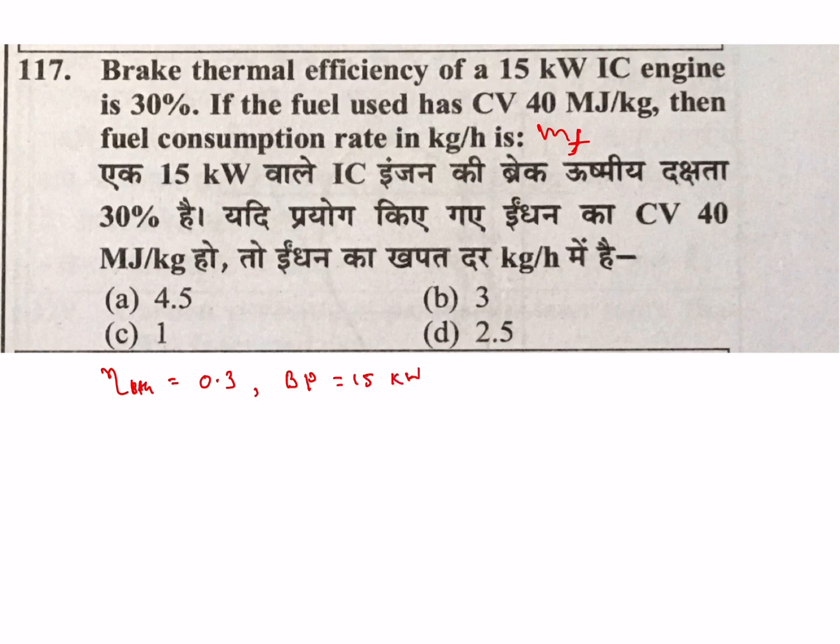15 kilowatt. Brake power is 2 pi NT by 60. This is in watt. For kilowatt you have to divide by 1000 again. Then calorific value CV is 40 megajoule per kg.